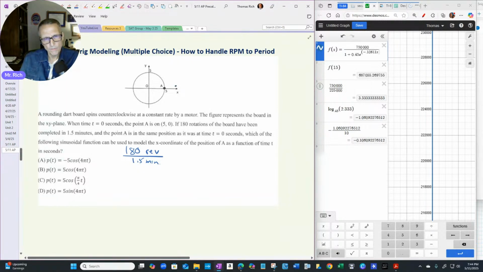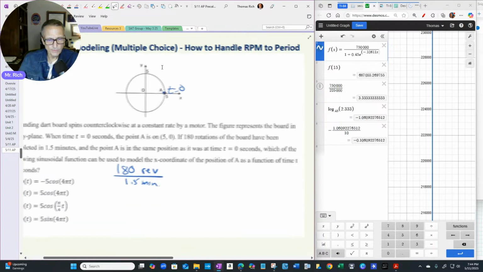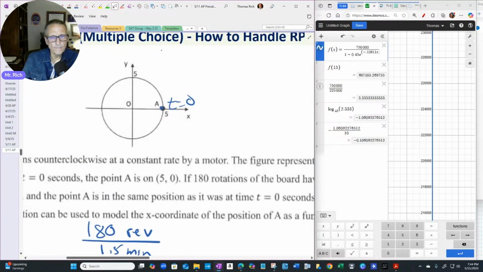The initial position is at 5, okay? And then it is going to be decreasing, right? The x coordinate. So it starts at t equals 0 at its maximum value, because it's talking about the x coordinate. As it begins to rotate, that x coordinate is decreasing.